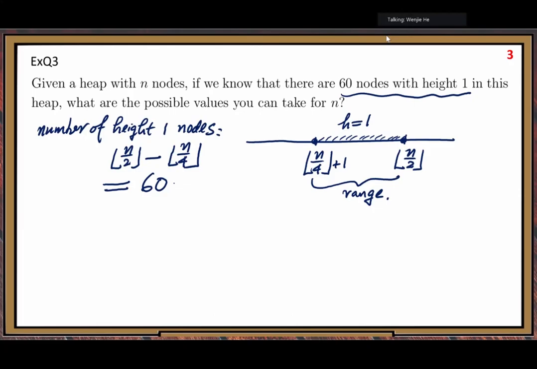Let's use the same method we used in example number 2. First, approximation. We need to find an approximate location for n.